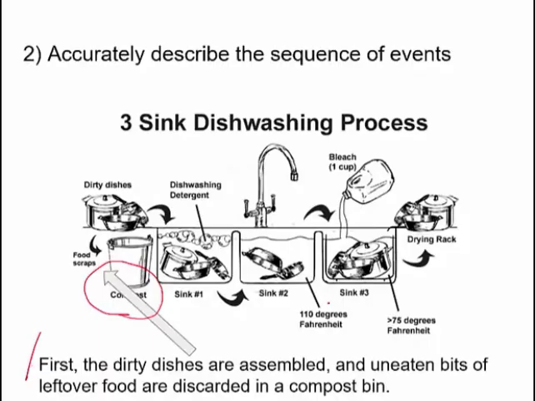Notice the passive voice construction here, as we've discussed: are assembled and are discarded. The passive voice of both of these verbs. Our key verbs there that we're looking at, assembled and discarded, are two verbs that are very descriptive of what we see in this first part.